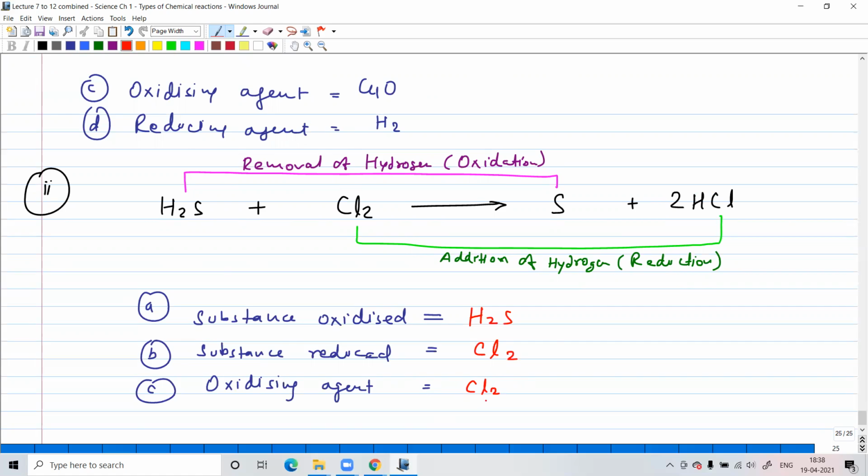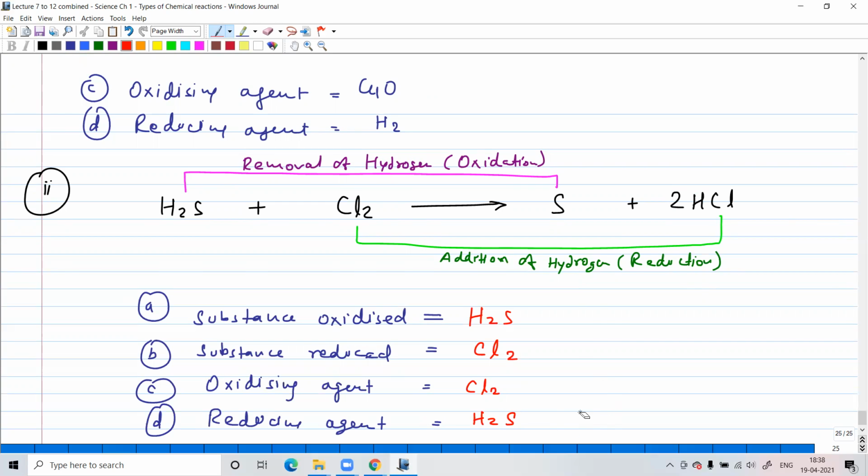So chlorine is the one which facilitated the oxidation. That's why the oxidizing agent is chlorine. And of course, the last one, the reducing agent. What will that be? Hydrogen sulfide. Yes.